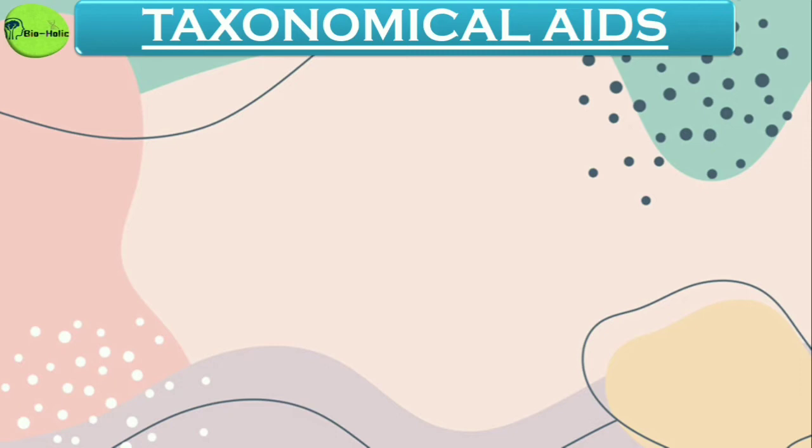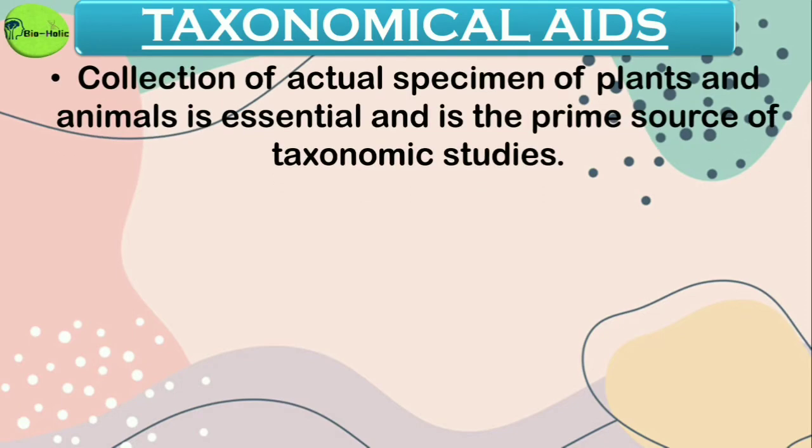So this is done after collection of actual specimens of plants and animal species, which is the primary source of all taxonomic studies. So for taxonomical aids, the collection of actual specimens of plants and animals is essential and is the prime source of the taxonomic studies.